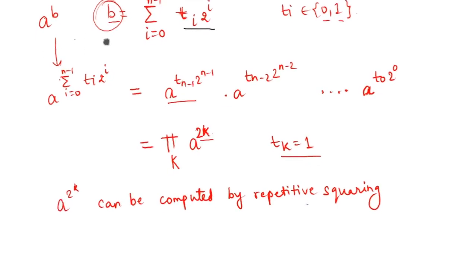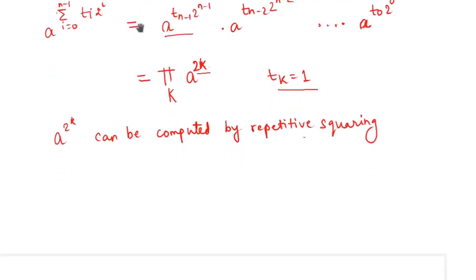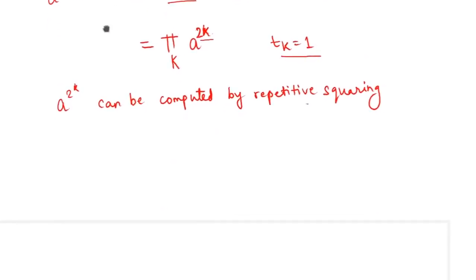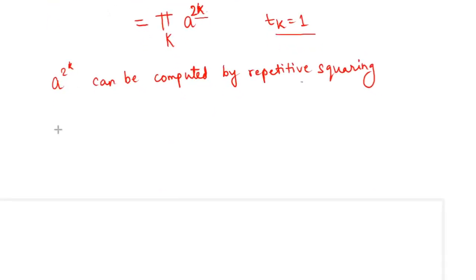And this can be made clear by taking an example. Let us consider 4 raised to 25, where 25 written in binary form can be represented like 1 1 0 0 1.